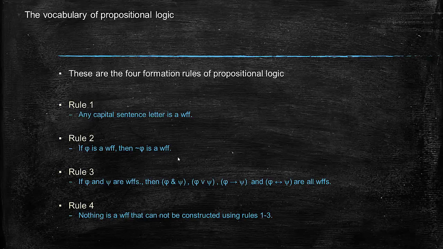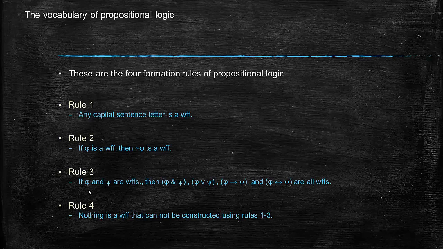What that's telling us is that anything that we've already identified as a wff, if we put a negation on the outside of it, that's a wff too. Okay, so if P is a wff, then not P is a wff. And also anything that we've identified as a wff remains a wff if we put a negation on the outside.